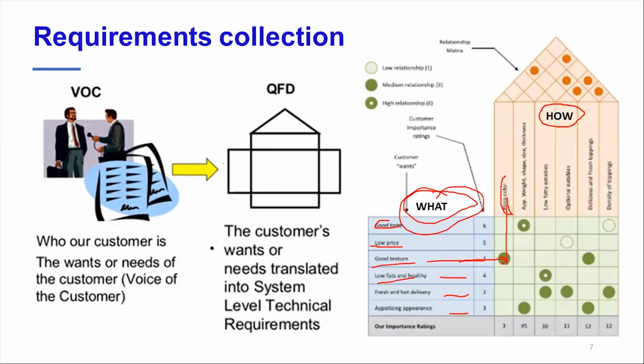Now the house of quality, or quality function deployment, may be at multiple levels. You have it at the very top level, then at system level, then at subsystem level, and so on. Let's say you have a tank and a pump. The tank can be one component level.